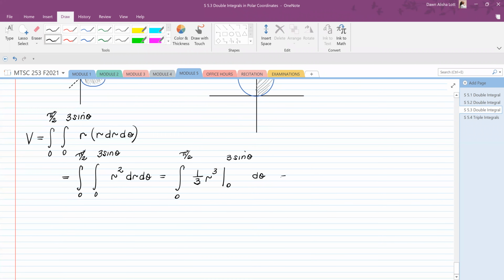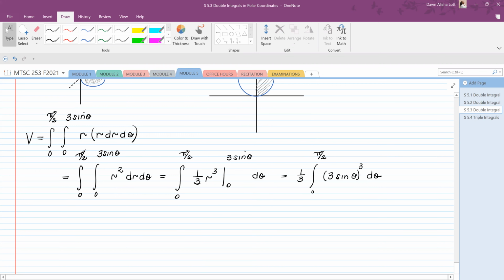So that becomes 1 over 3 times the integral from 0 to pi over 2 of 3 sine theta cubed d theta.